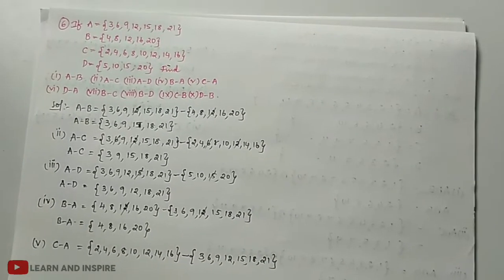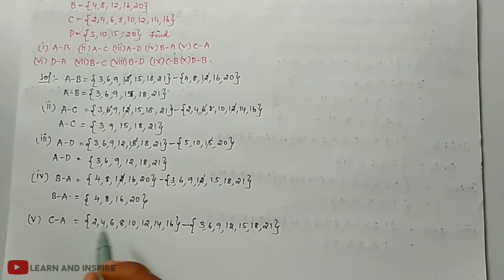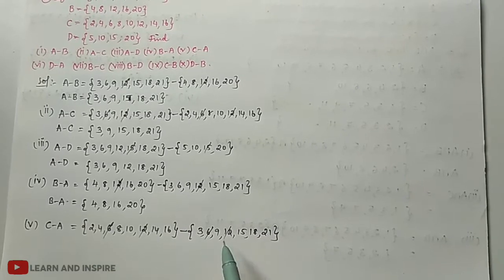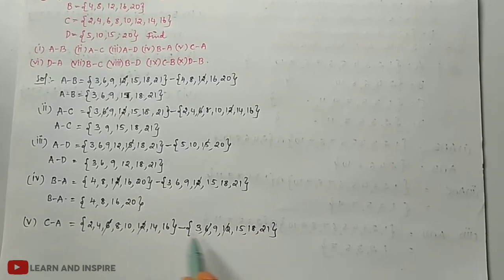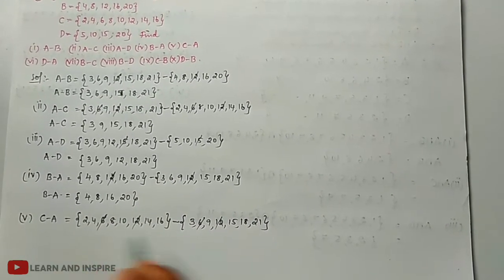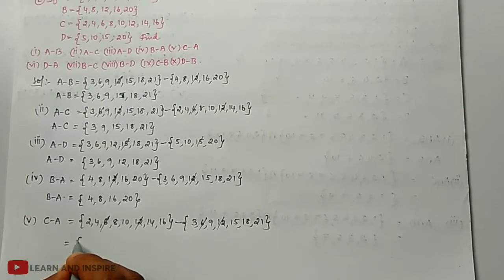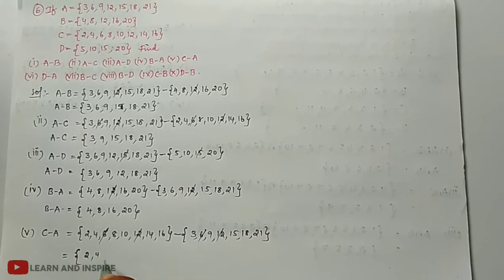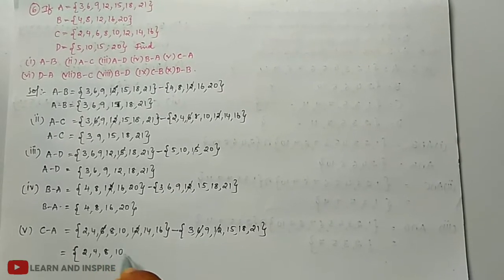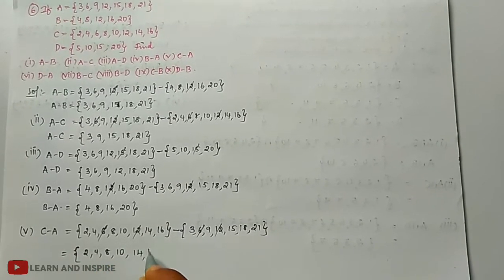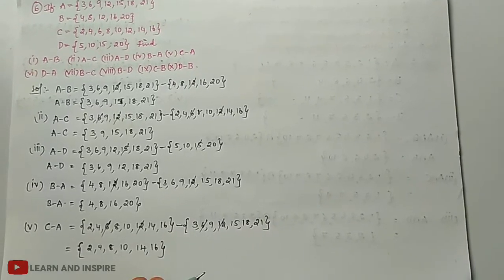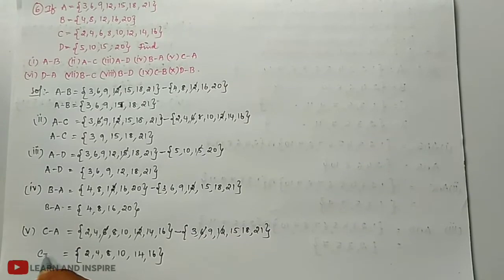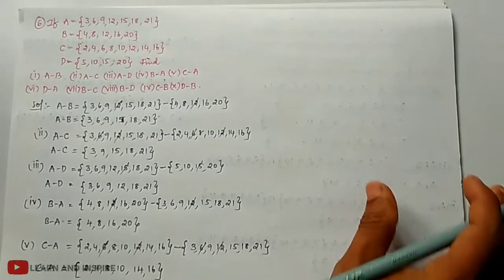First we cancel the common elements, 6, 6, 12, 12. So only two elements we can cancel from both the sets. Now the remaining elements present in the first set are 2, 4, 8, 10, 14, 16. So these are the remaining elements left in the first set. So this we can say is C minus A.